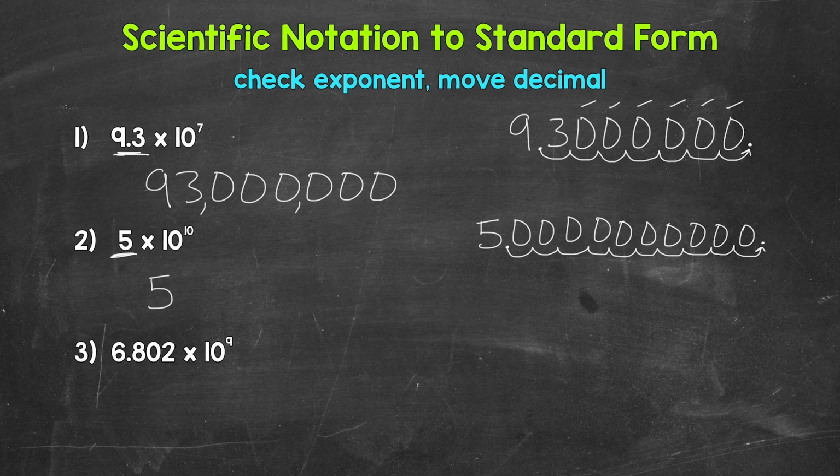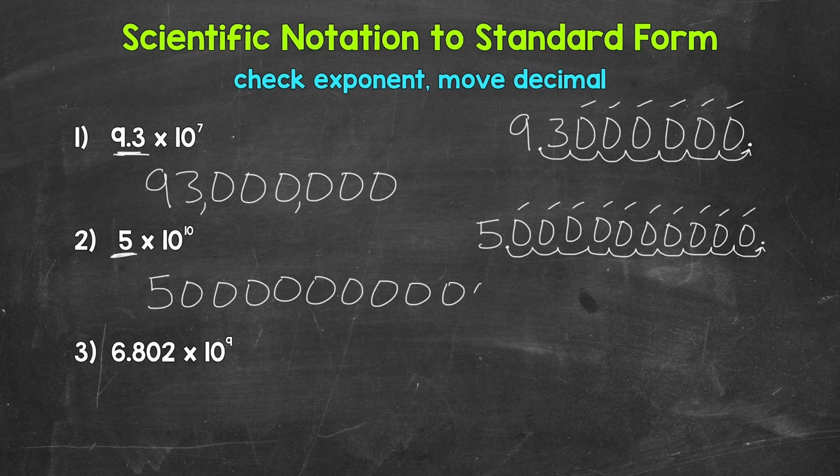We have 5 and then 1, 2, 3, 4, 5, 6, 7, 8, 9, 10 zeros. And now we can put in the commas. So a comma right here, and right here. So we have 50 billion for number 2.